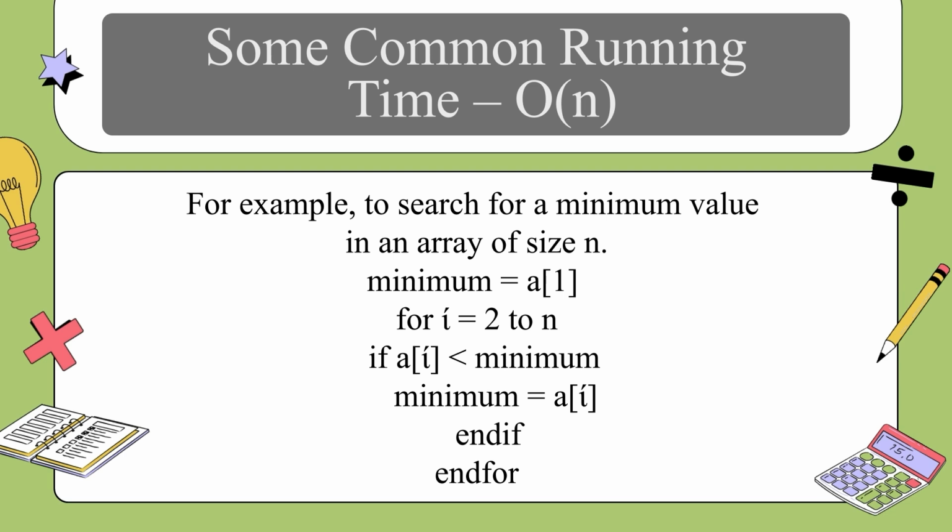So, the first value is assigned to the variable minimum, and thereafter we will iterate for i equals 2 to n. If ai is less than minimum, change the minimum value, and this is the end of the algorithm in a sense.